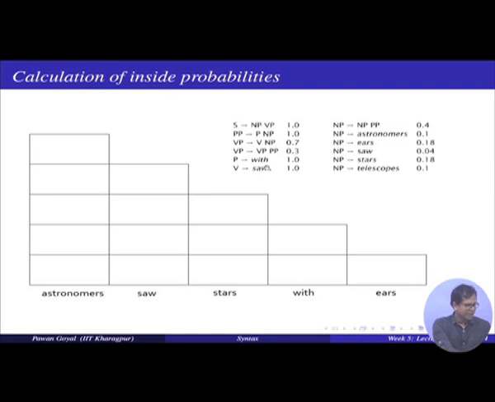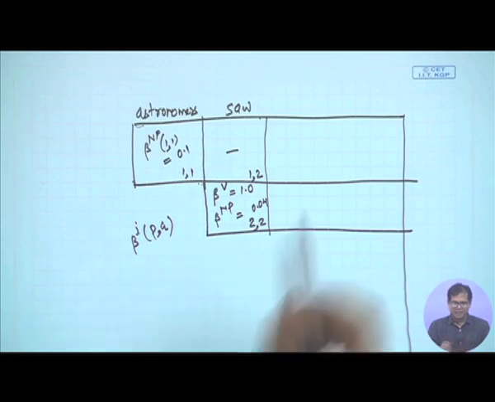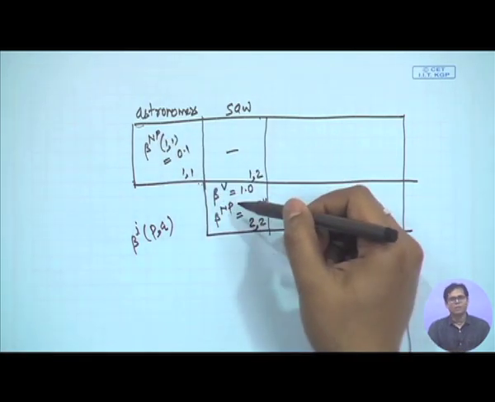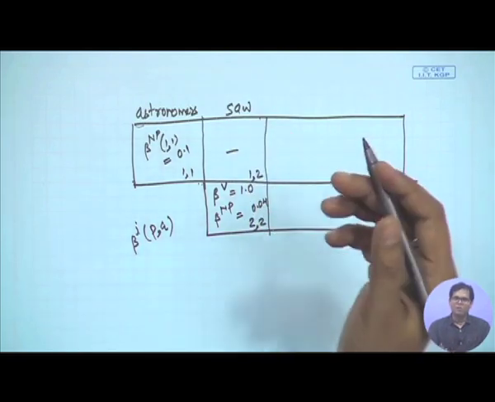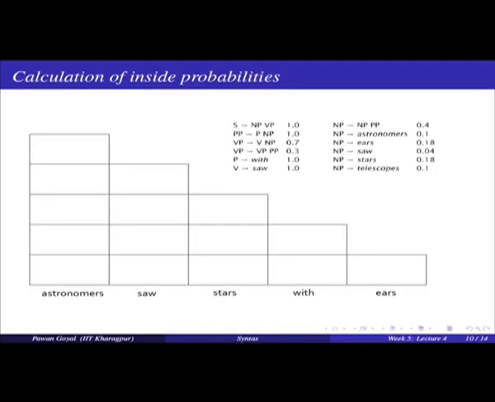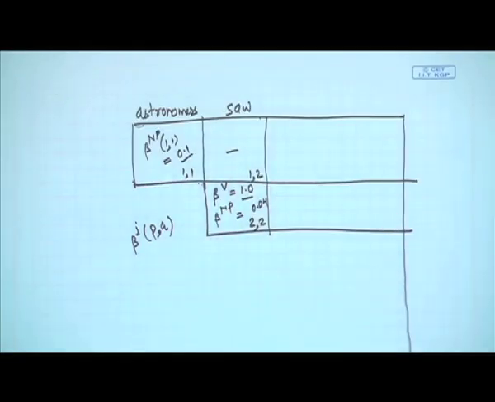Again there is nothing here, NP followed by V. So this will come out to be 0. Suppose there was something that derives NP followed by V. I would simply find out what is the non-terminal that is deriving this and put the probability as this times the rule probability, similar to what we were doing in the case of CKY for probabilistic context free grammars.